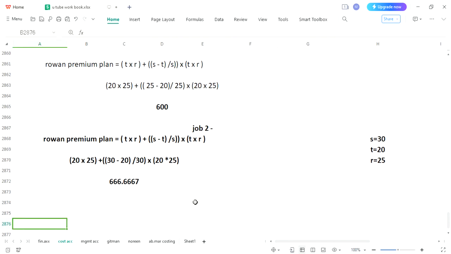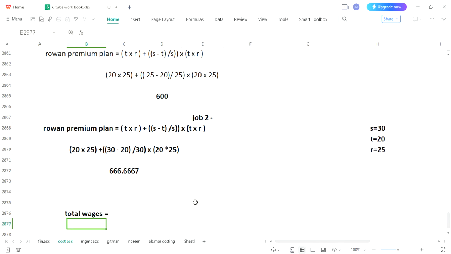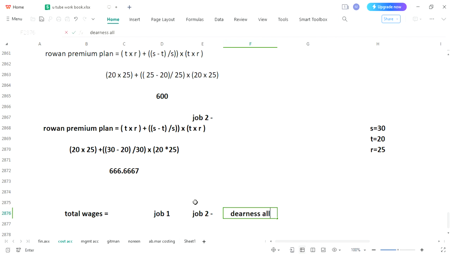So here we will calculate our total wages. What we will do is see how much amount is given for job number 1, then how much amount is given for job number 2, and the amount of dearness allowance is also given.